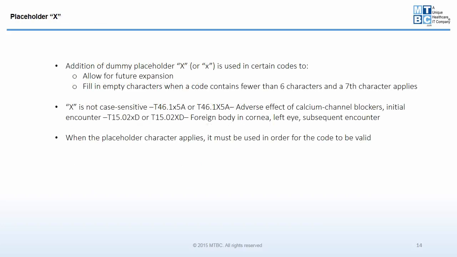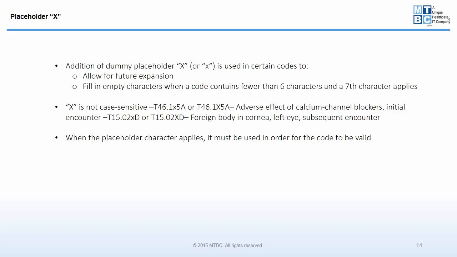Okay, so here we go. The addition of the dummy placeholder: you would use the X if there is no sixth character or fifth character. It's going to be allowing for future expansion. You're going to fill in the empty characters when a code contains fewer than 6 characters and the 7th character applies.